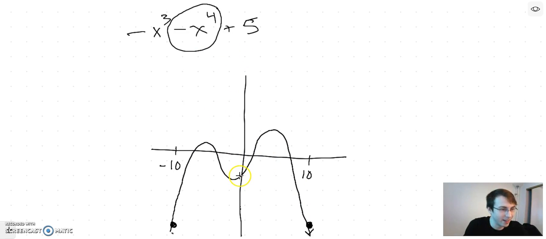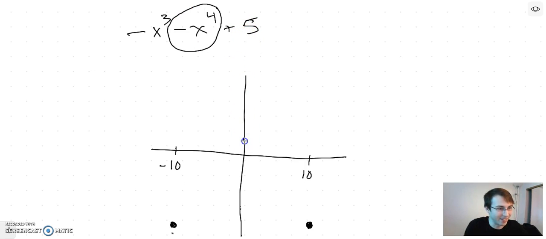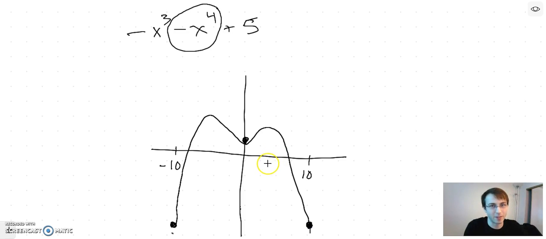Oh, actually, I can already tell this is probably not the best picture, because when you plug in 0 for x, you should get 5 out, right? So the y-intercept should be at 5 somewhere. So maybe it looks like 1, 2, 3, something like that. But don't worry about that for now. The point is just to get some intuition for end behavior and turnaround points.